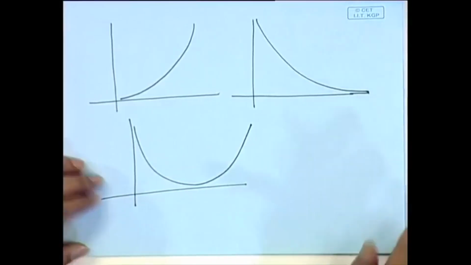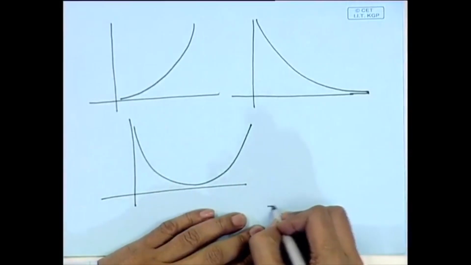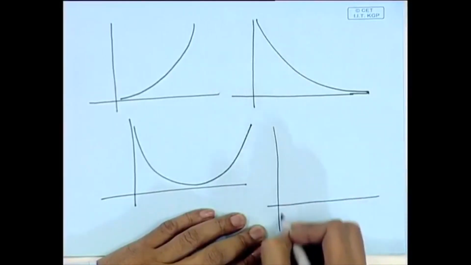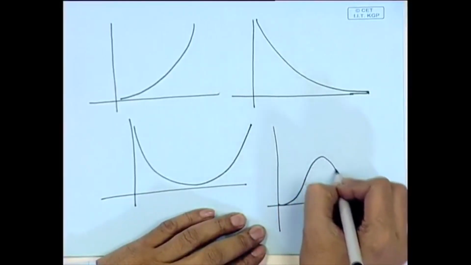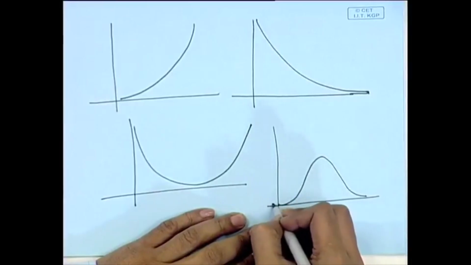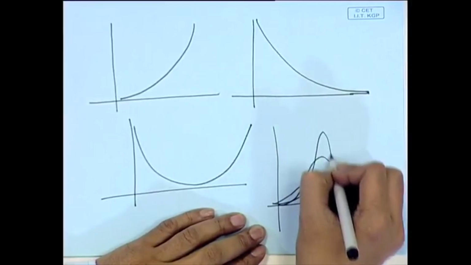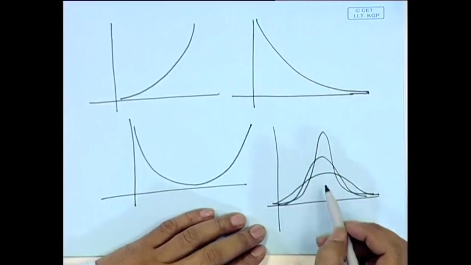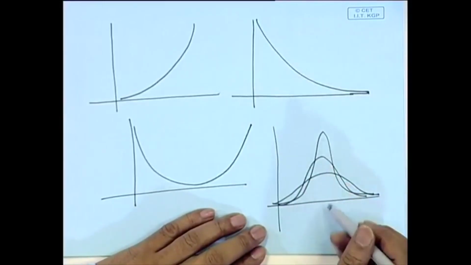You may also classify according to another characteristic, something like you may have a distribution of this nature, and a curve of this nature, and a curve of this nature. So, this tells about the concentration of the values.